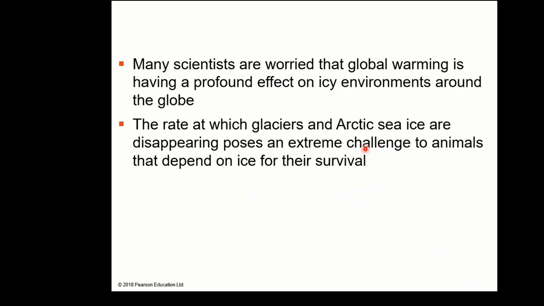Many scientists, when we talk about climate change and global warming, are worried because it has a profound effect on icy environments around the globe, and the rate at which glaciers and Antarctic ice are disappearing poses an extreme challenge to animals that depend on ice for their survival.